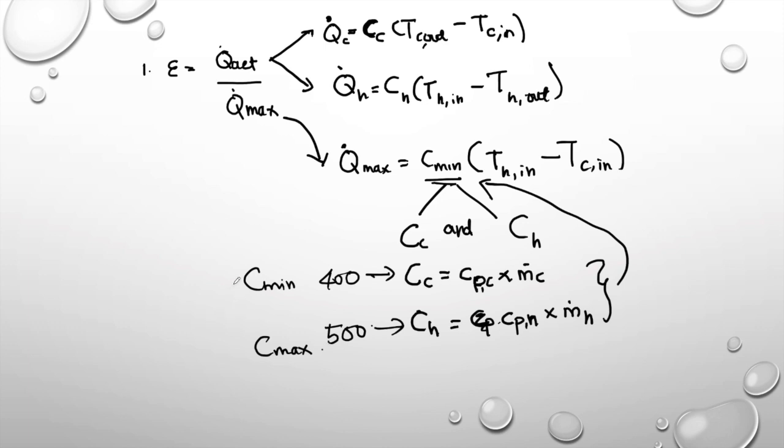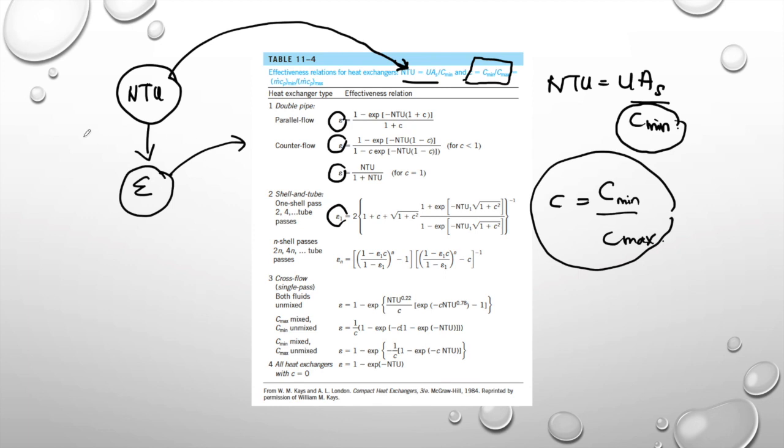Therefore, in order for you to calculate the C value to refer to this table, you have to divide C minimum with C maximum. Then you will get the value of C. So in order for you to use this table, you must know the value of C, lowercase c, and the value of NTU.